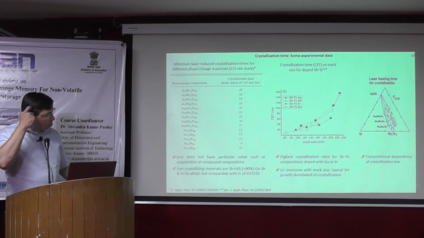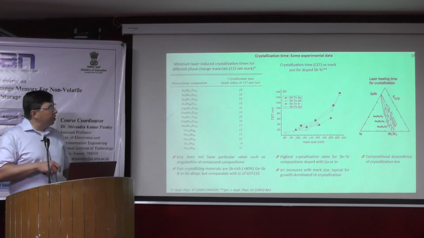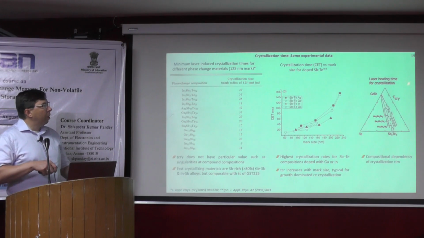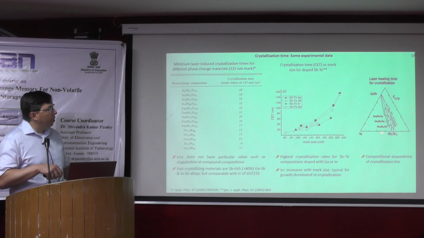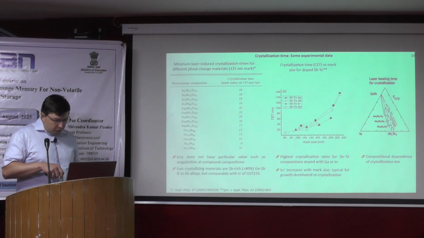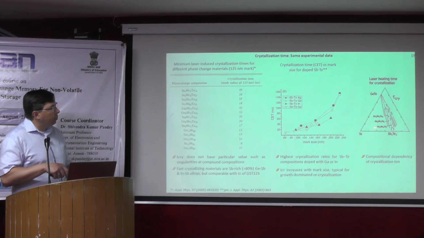Also, there is a compositional dependence of crystallization time in the case of the GST. So here we see the crystallization times of 2 to 5 composition, 1 to 7 and 1 to 4.